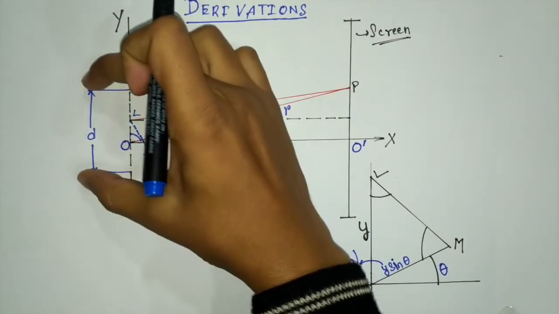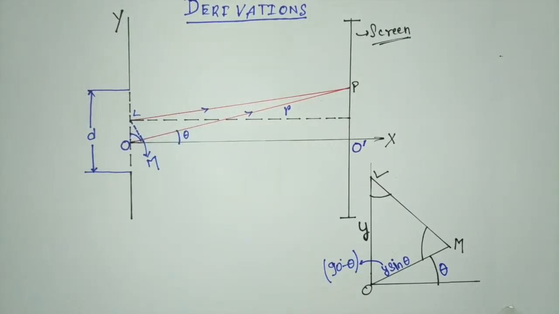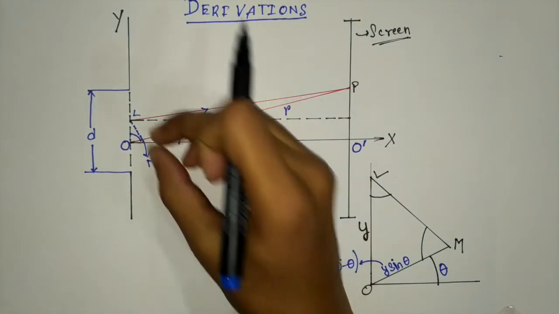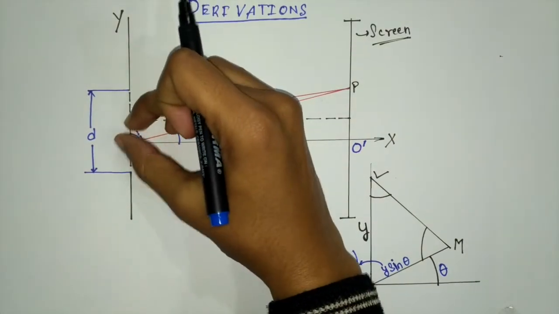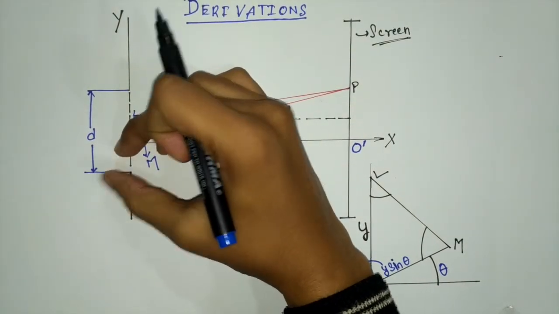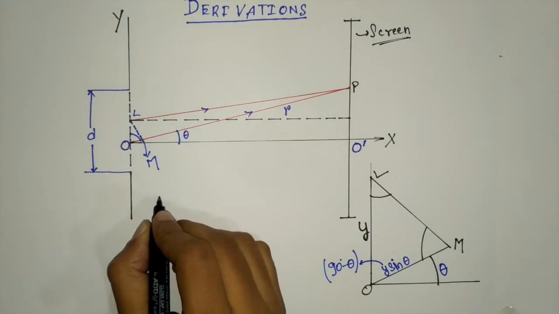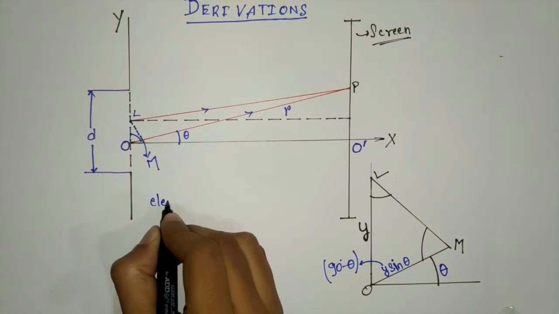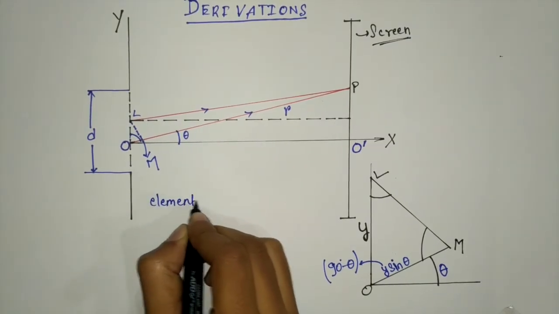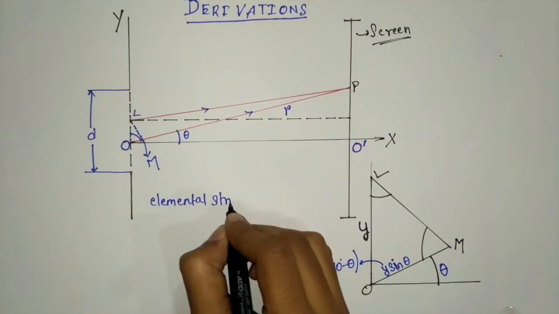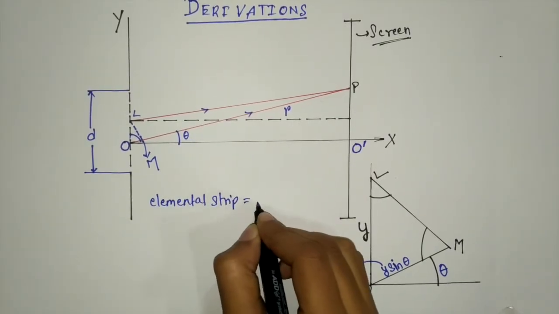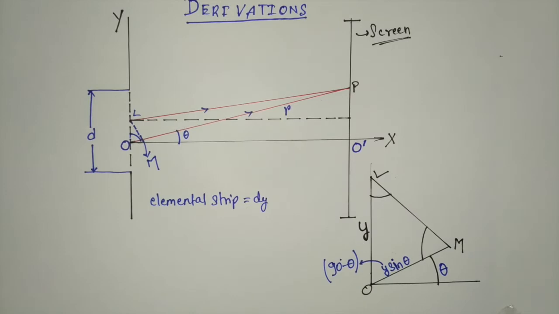This is the slit, and the slit width we have taken as d and divided into a large number of infinitesimal elemental strips of equal width, that is dy. So elemental strip width will be equal to dy.